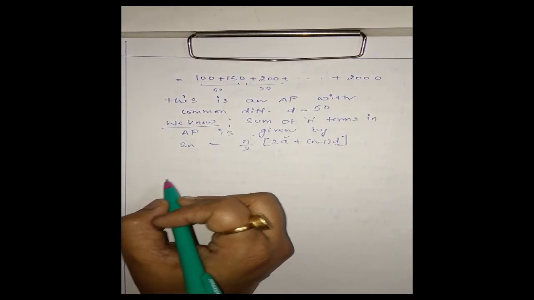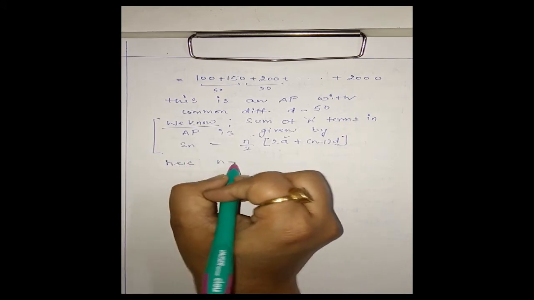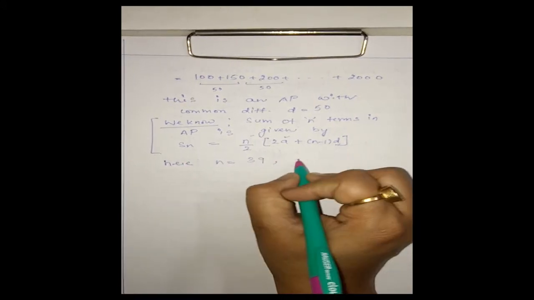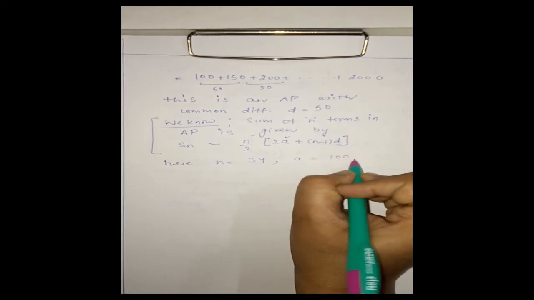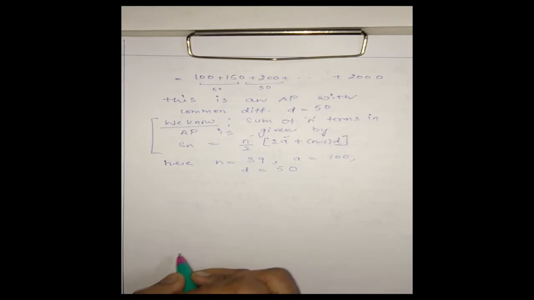So here n is 39, a is 100, and common difference d is 50.